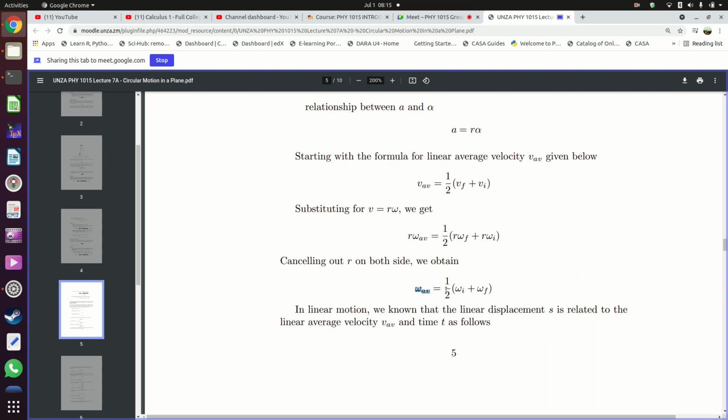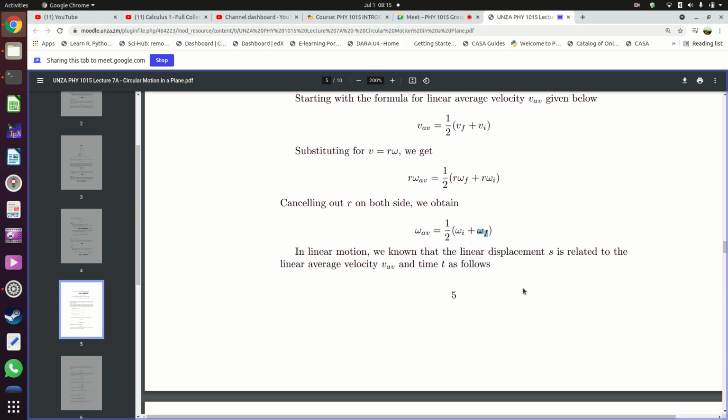The half remains there. Where you had initial velocity, you have initial angular velocity, plus final angular velocity in place of final velocity. So you can see that these equations are carbon copies of each other, except that one is written in terms of quantities associated with motion in a straight line, and the other in terms of quantities associated with circular motion.